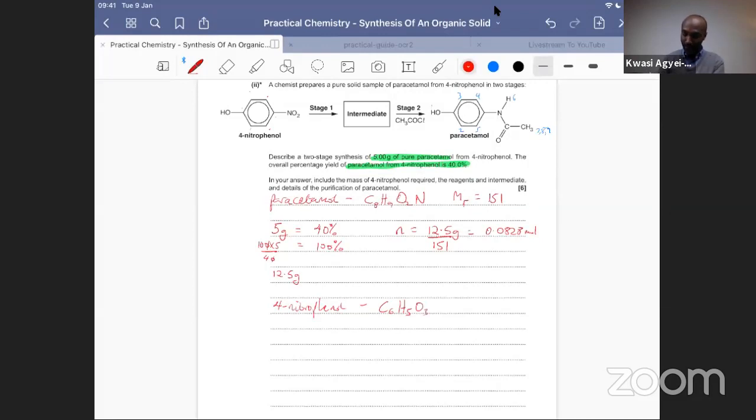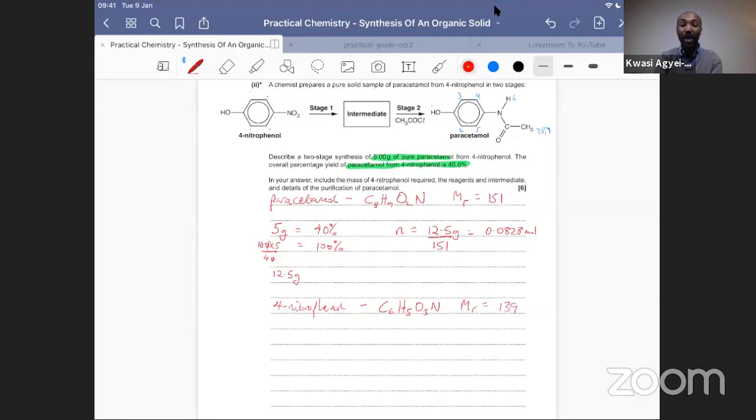So MR for 4-nitrophenol is 12 times 6, which is 72, plus 5 from the hydrogens, plus 48 from the oxygens, plus 14 from the nitrogen, which is 139. So 139 is the MR for 4-nitrophenol.